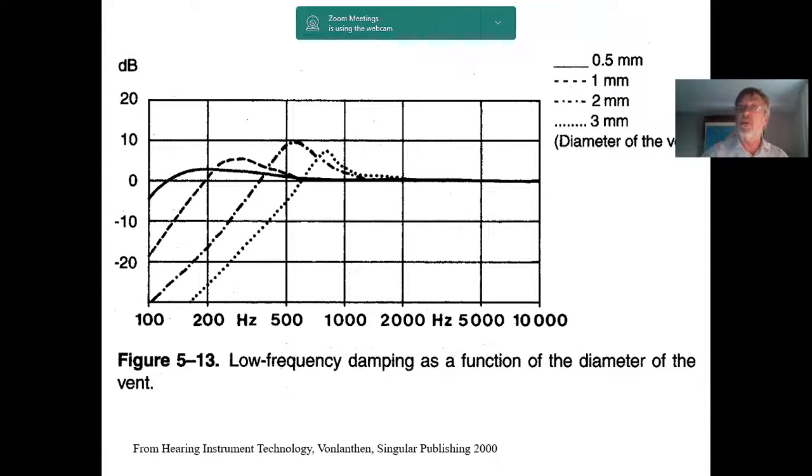And remember the difference between dB and dB-SPL. dB is referring to a relative decibel value, like gain, the amount that the hearing aid is amplifying. dB-SPL is an absolute decibel value referenced to 0 dB-SPL.